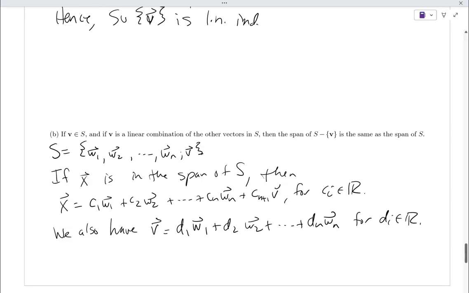It's not a tricky concept. We've been doing it since Algebra 1. What do we need to do to get rid of the V? Not subtract, but substitute, right? I can just take this thing that we just wrote V in terms of the W's and plug it in and rearrange, right?